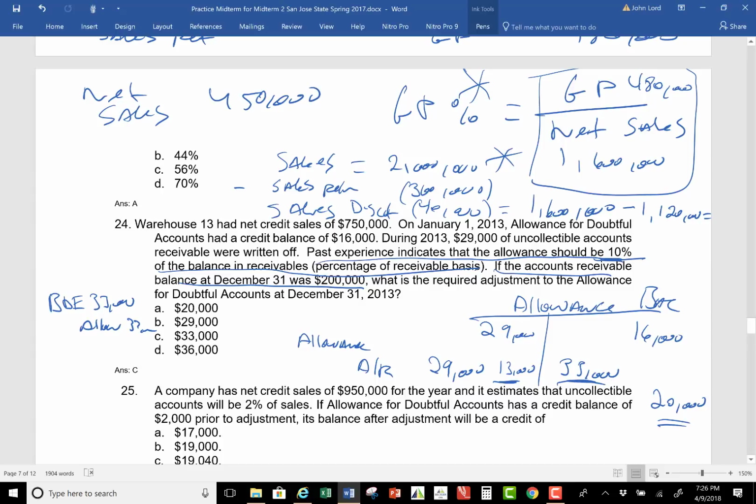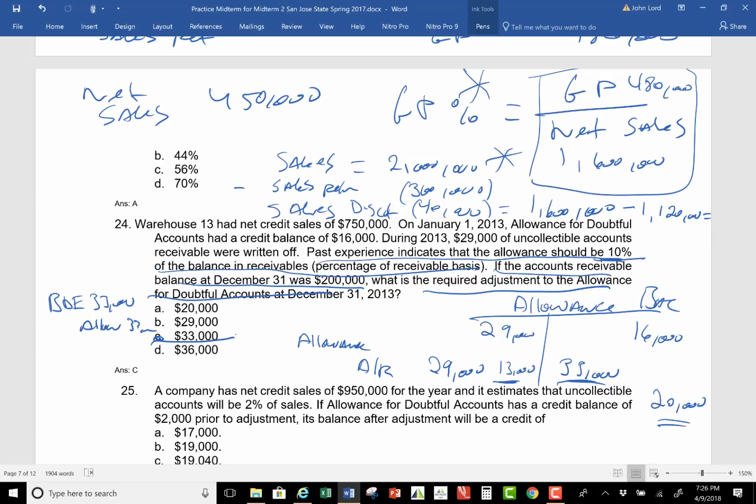C. The adjustment to the allowance is to credit it for 33,000? Right? Debit bad debt expense, credit the allowance to put amounts in there.